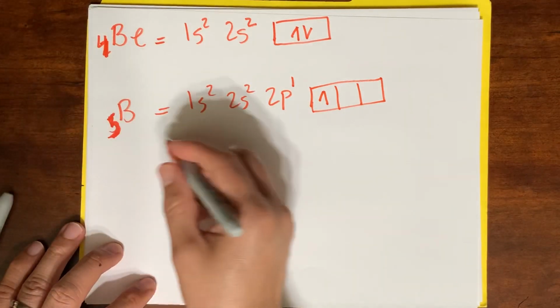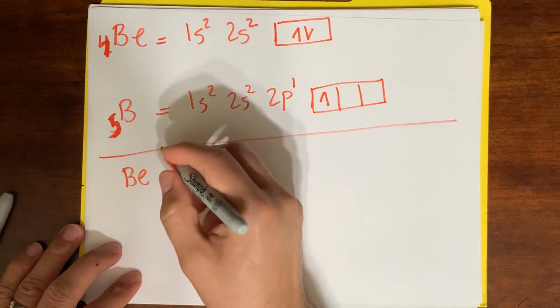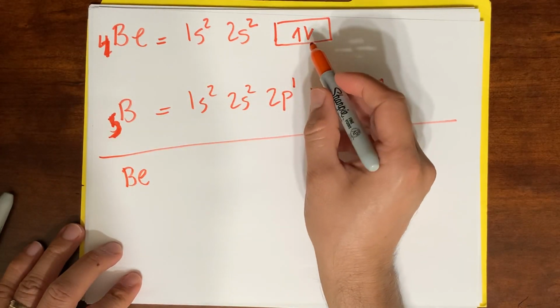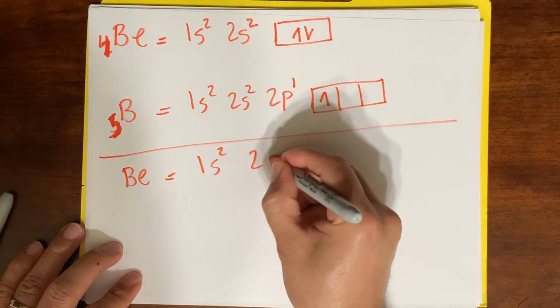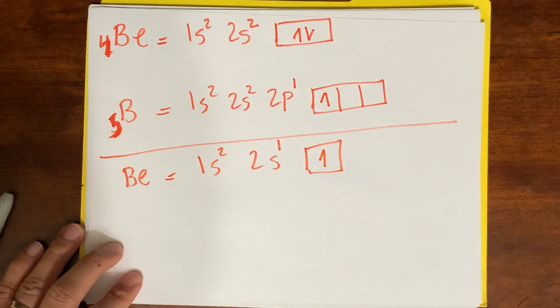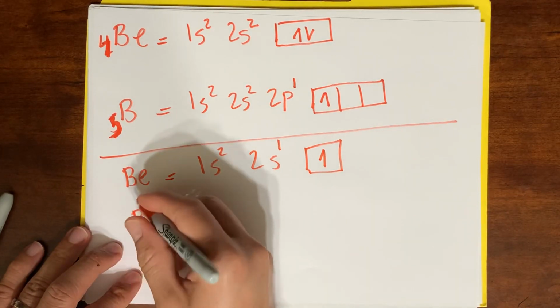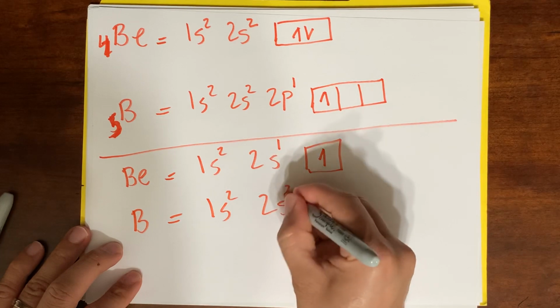If you take 1 electron from beryllium, you will be taking an electron from orbital that's fully occupied. So you will get 1s2 and 2s1. Only 1 electron. Well, boron, it will be 1s2, 2s2.